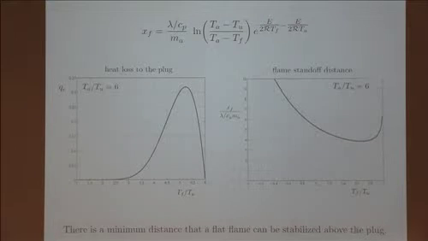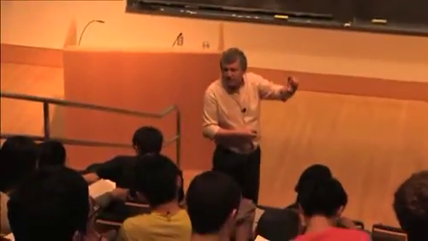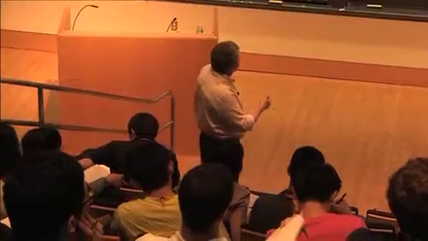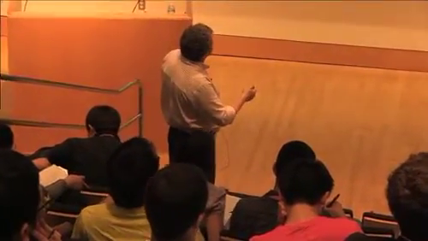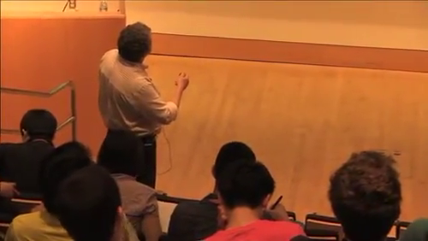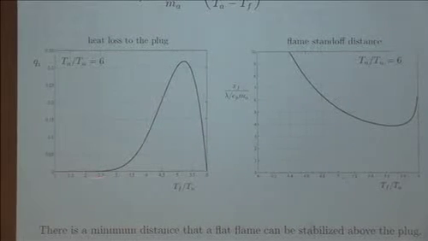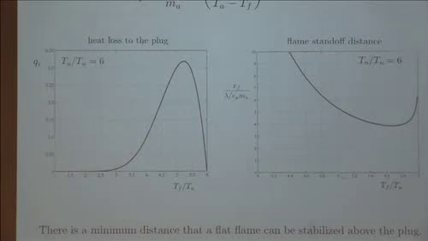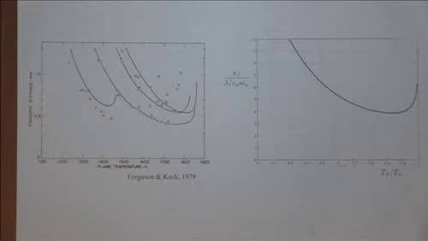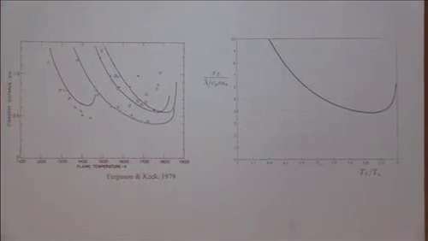In other words, the flame will never be able to reach the surface of the burner. There is always a minimum standoff distance above which the flame will exist. That minimum distance is related to the maximum heat loss, which is sketched here. So QL as a function of the flame temperature is shown. And here are experimental results published in the late 70s by Ferguson and Keck.